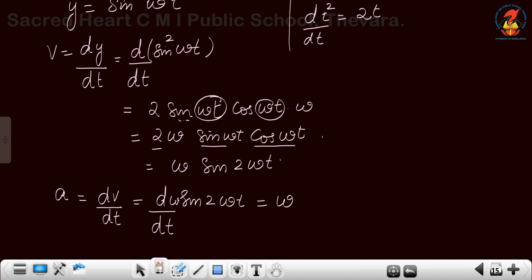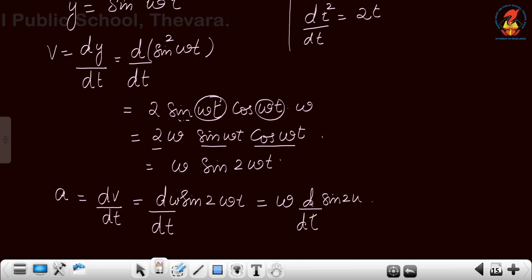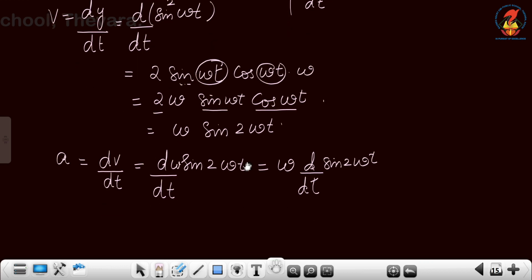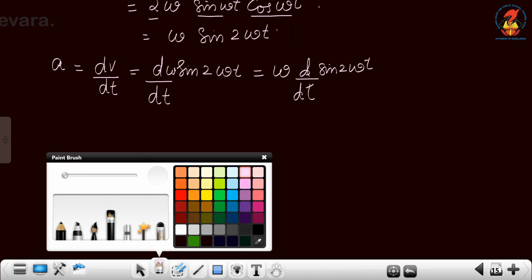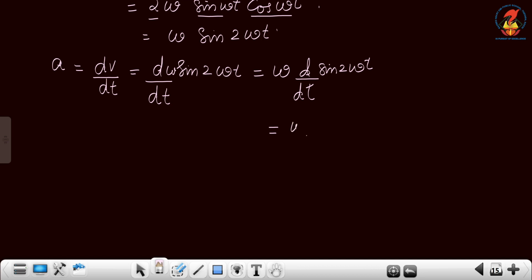So, this can be written as omega into d by dt of sin 2 omega t, which is equal to omega into the differential of sin, which is cos 2 omega t, into the differential of 2 omega t, which is 2 omega. So, we get the answer as 2 omega square cos 2 omega t. So, the acceleration of the particle is 2 omega square cos 2 omega t.